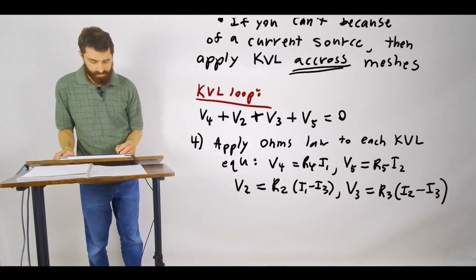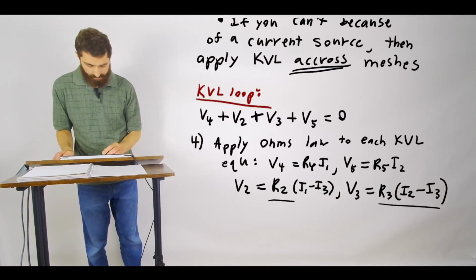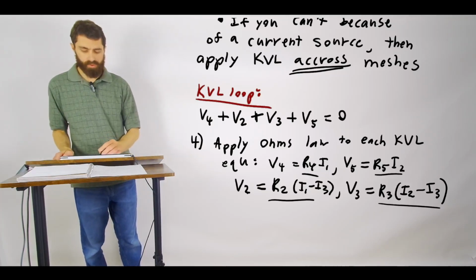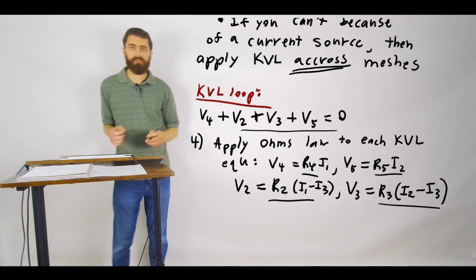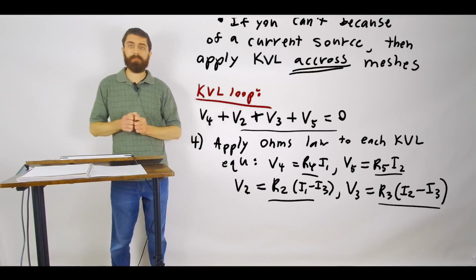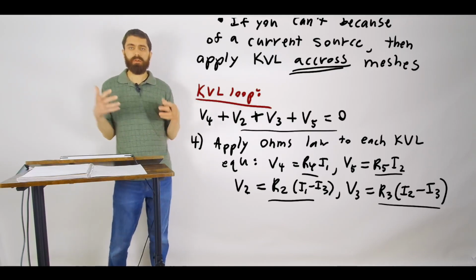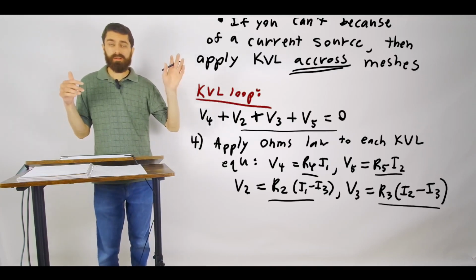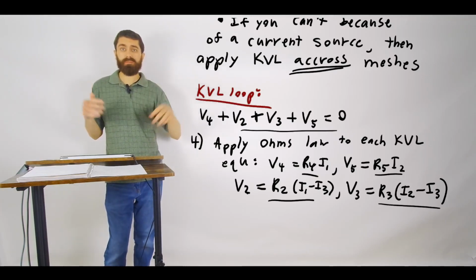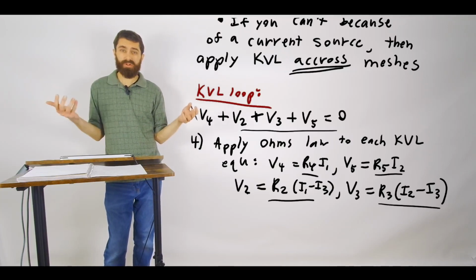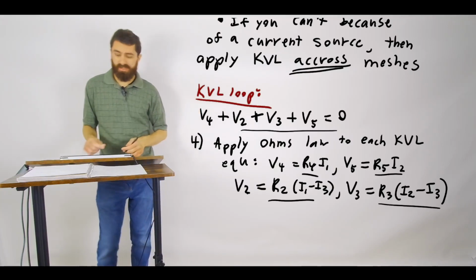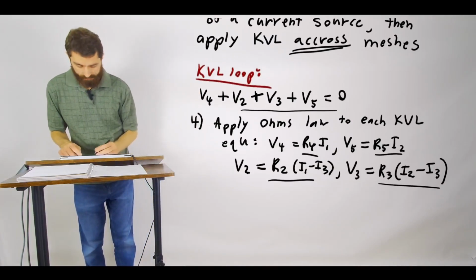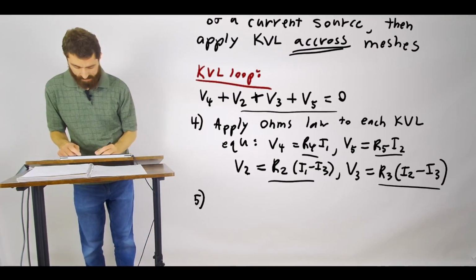So then what you can do is plug all these values in so that you have one equation with all of these in terms of the mesh currents. So then the other question is, like I mentioned previously, you have one equation but three unknowns, three mesh currents. So here's the last step that you have to do if you have current sources.